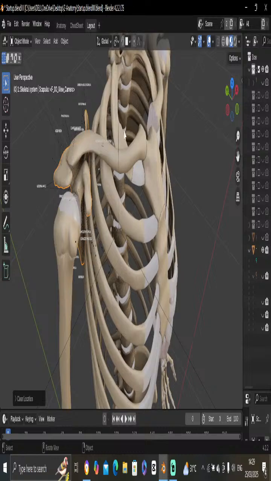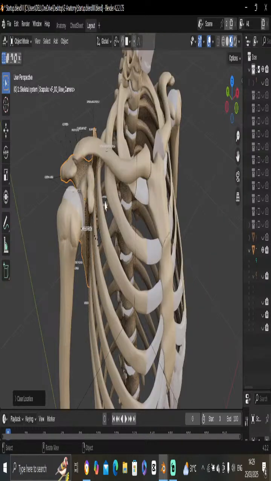So if the clavicle fractures, most commonly it happens in the middle third, and this fractured end can actually damage the axillary or the subclavian vessels. Because they pass under the clavicle here, they are known as the subclavian vessels before they become the axillary vessels. So fracture of the clavicle can damage those vessels.